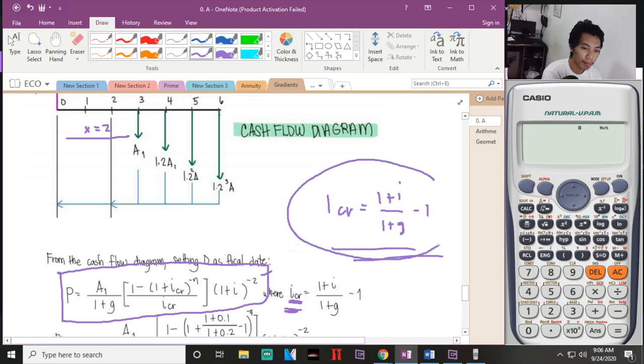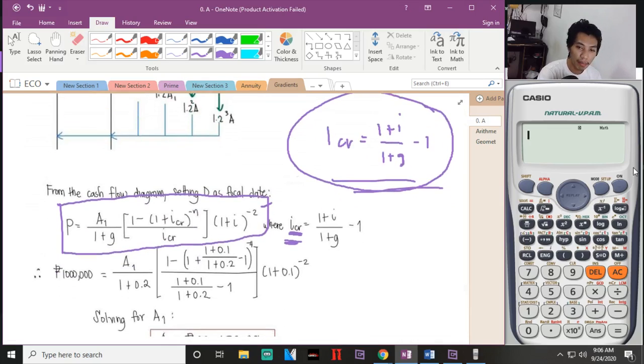Okay? And then, solve natin. Meron tayong 1 million equals alpha x. Tapos meron kang 1.2 kasi gradient is increasing by 20%.